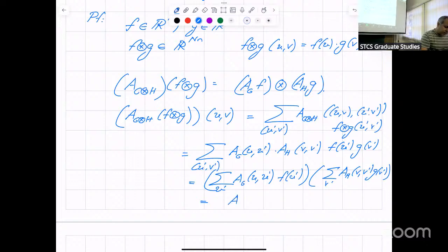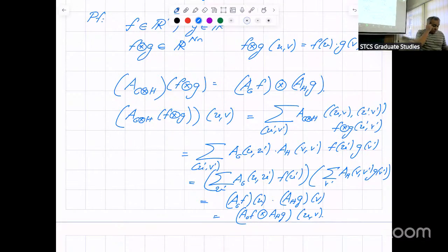This is exactly A_G F at the value U times A_H G at the value V, which is exactly A_G F tensor A_H G at the value (U, V).